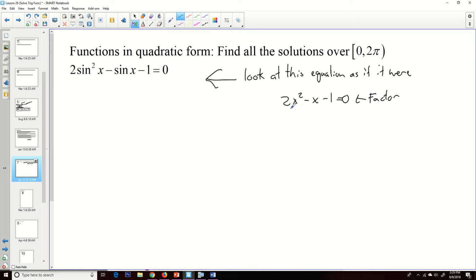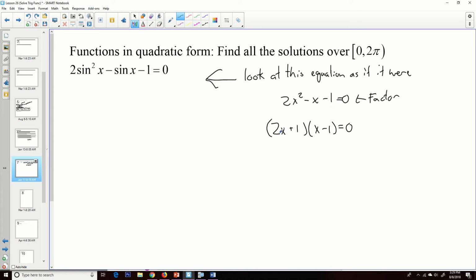So we want to factor this expression here. And clearly, if I go 2x plus 1 and then x minus 1, 2x times x gives me 2x squared. 2x times negative 1 is negative x. 1 times x is 1x plus the negative 2x gives me a negative x, and then 1 times negative 1 gives me the negative 1 there.